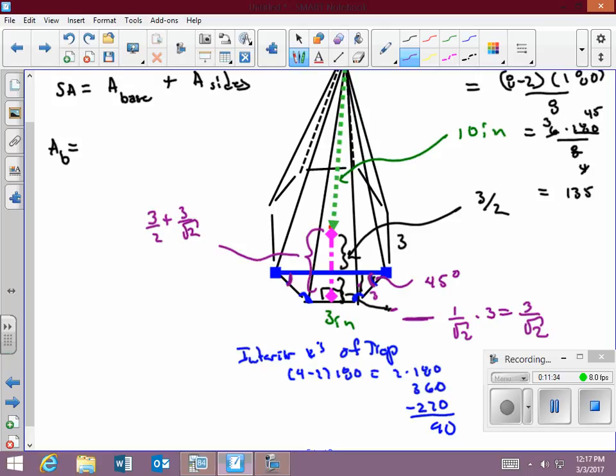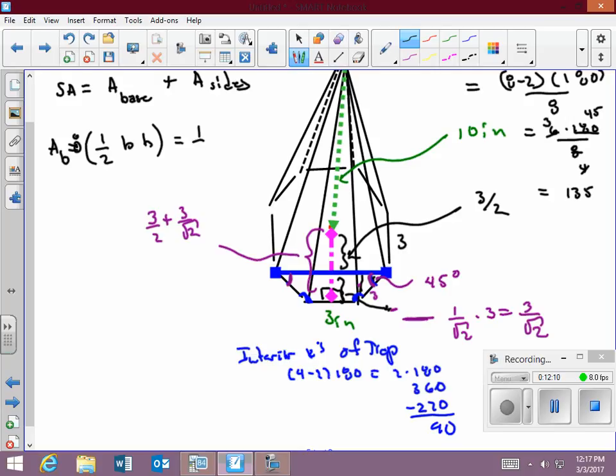Now, to find the area of the base, it's 1/2 of the base times the height. And then there are 8 of those triangles going around. So that's why it's perimeter, because if you take 8 times the base, that's the perimeter.